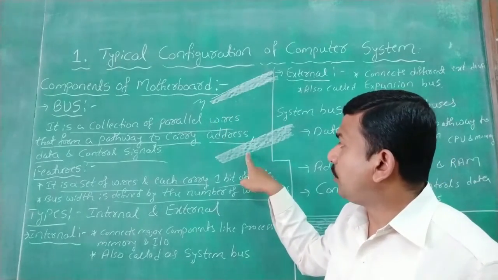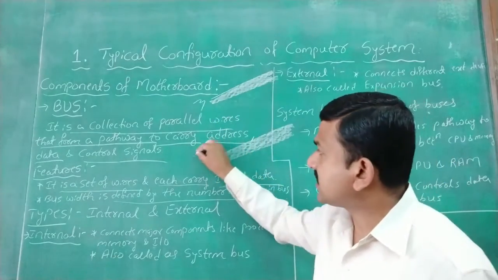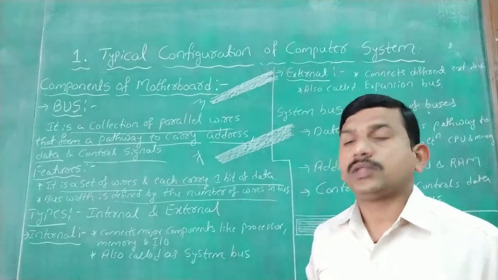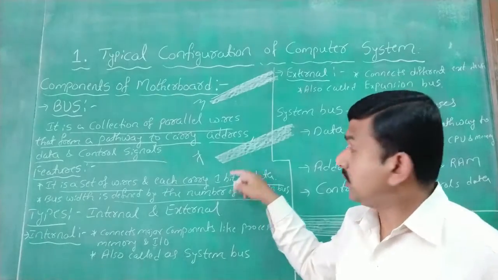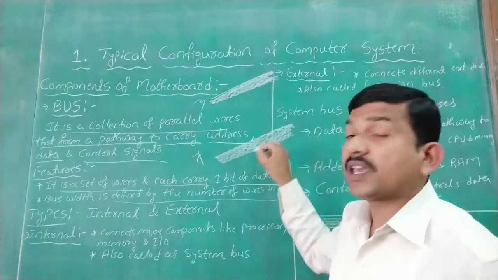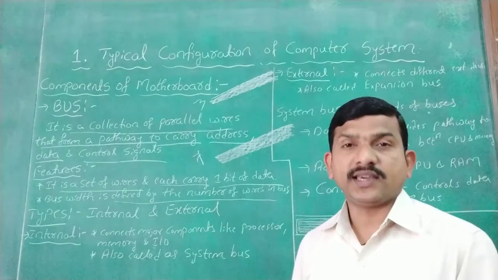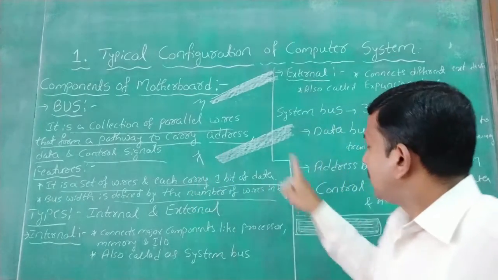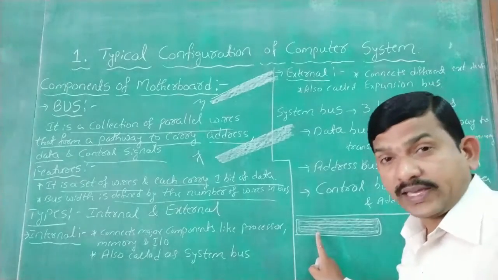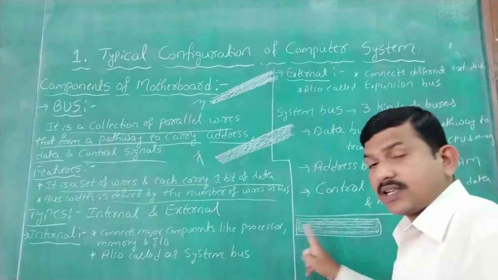Suppose the width of this bus is 7. Why is it 7? Because here there are 7 cables, there are 7 wires. That's why the width is 7. Is it clear? Suppose here there are 4 wires internally.